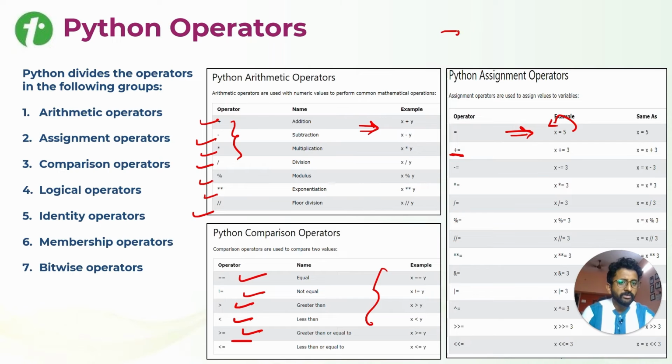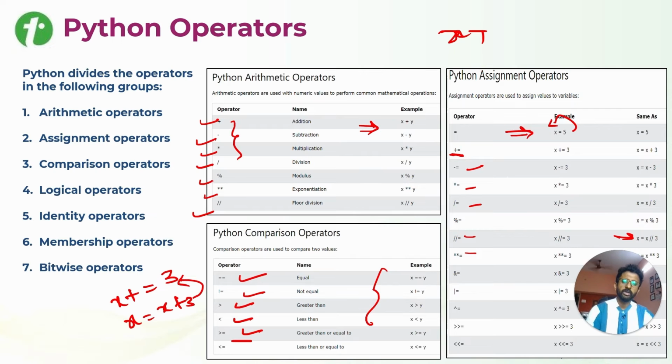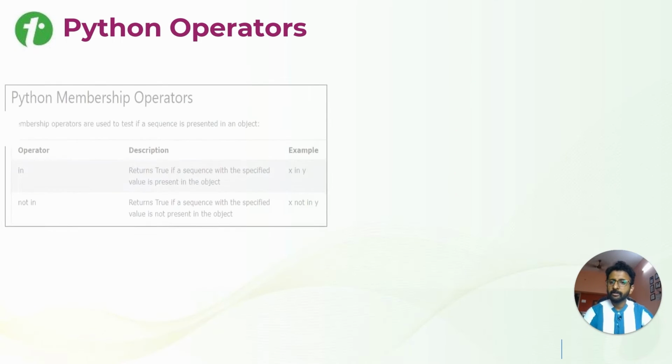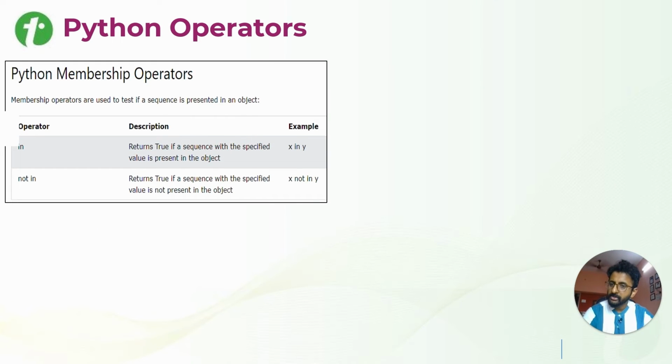Plus equal to means, for example, x plus equal to 3 means x equal to x plus 3. This is the same as this, right? So these are assignment operators. Similarly, minus equal to, star equal to. This is just kind of a shortcut to do this kind of operations. So there are different assignment operators.